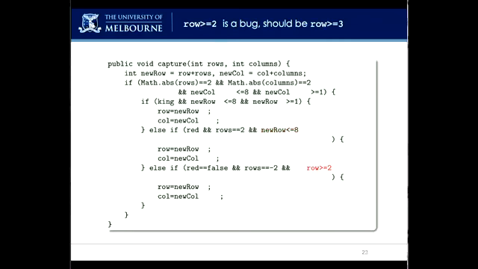Then the next thing that was picked up by just doing this refactoring and making it tidy was that this condition here is actually an error, because it's checking to see if it's black, if the rows are equal to -1 and the rows are greater than 2, which would make this off the board.